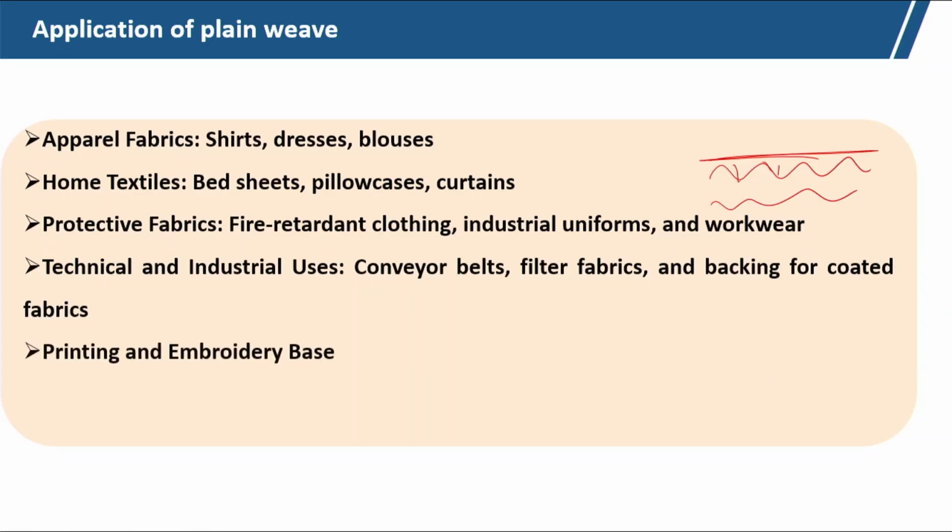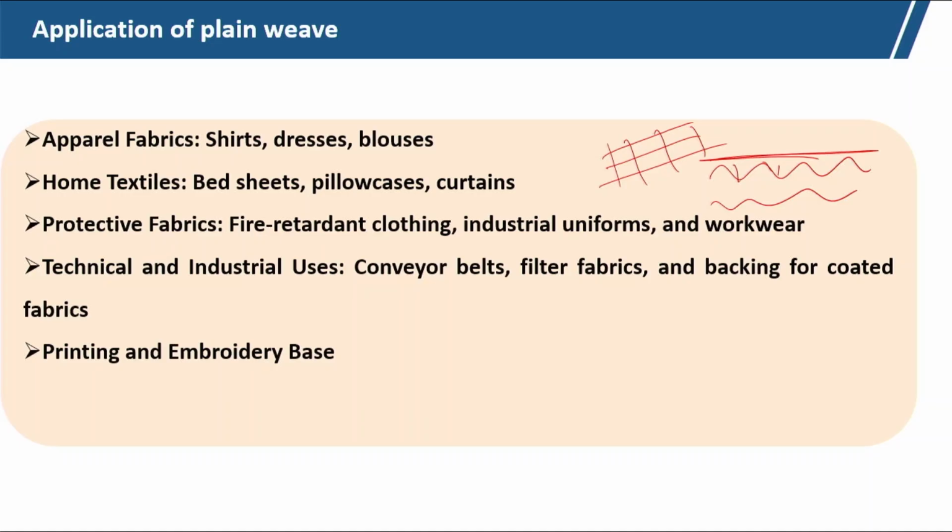Printing and embroidery base, for those plain woven fabrics are better, because for embroidery we need a uniform structure. If we try to do embroidery on a structure like satin, then due to the thread movement, the embroidery design may get affected.